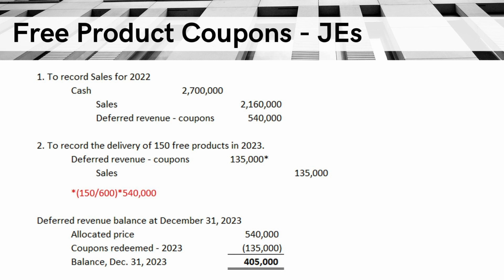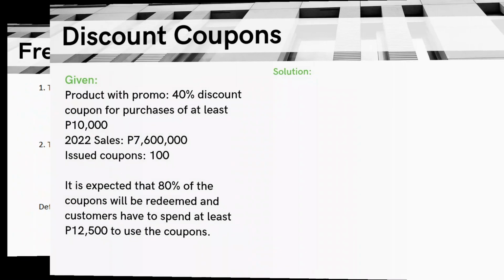Okay? 150 over 600 times 540,000, which is the allocated amount to coupons. So, that is 135,000. So, at the end of the year, December 31, 2023, the balance of your deferred revenue account, from the beginning balance minus 135,000, the balance is 405,000. Okay?